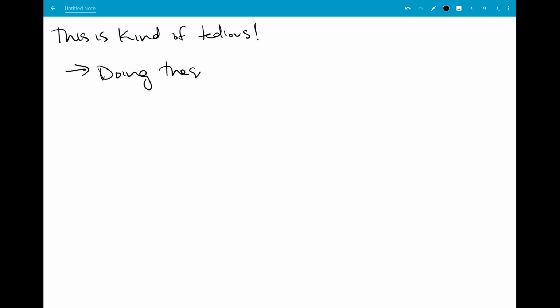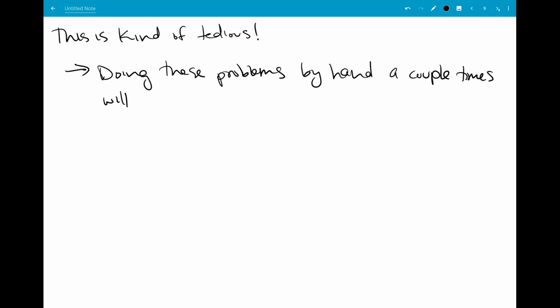So doing these problems by hand a couple times will ensure that you understand the process.